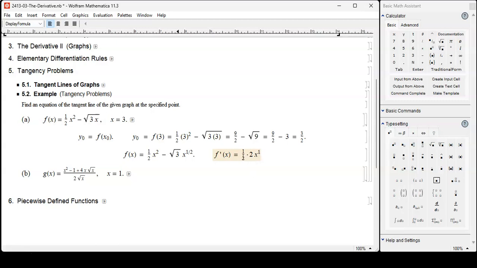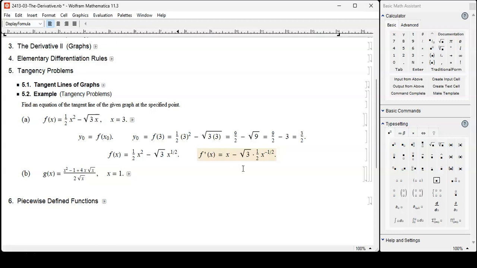But nobody writes it like this. 2 times 1/2 is just 1, and then just x, minus square root of 3 times 1/2 x to the negative 1/2 power. That's the derivative function.